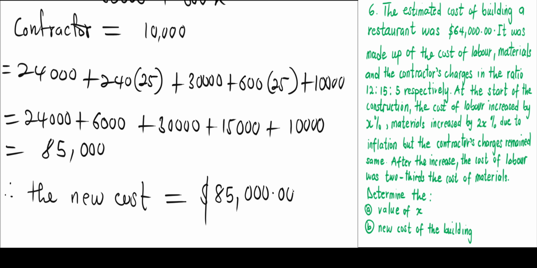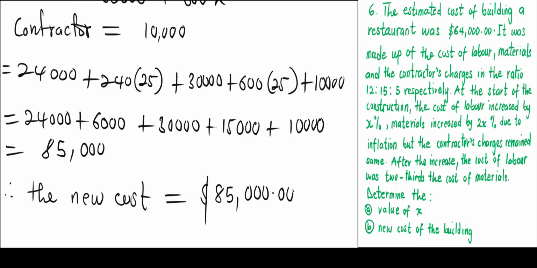So it's going to be 100% plus x%, that is 100 plus x percent of the amount. Then you are going to get the new amount after the increment. So we did it to the labor and the materials, but the contractor's charges was still the same. So we didn't touch that particular part of the given problem.